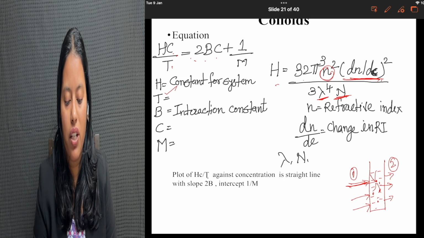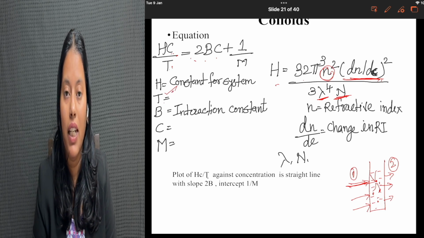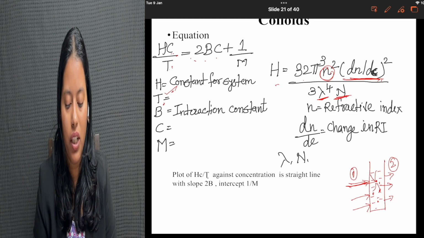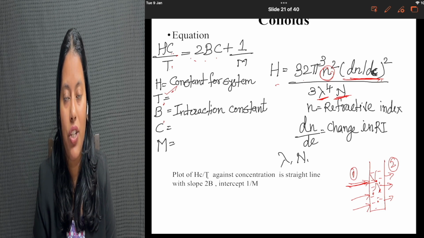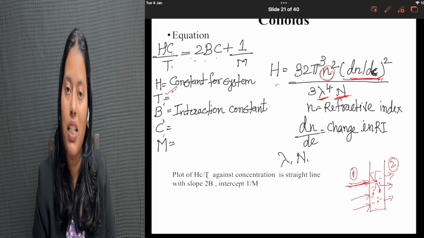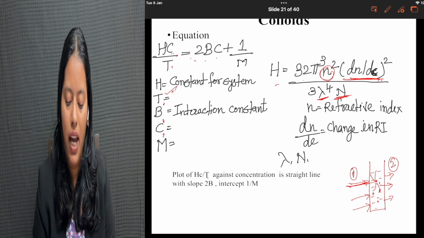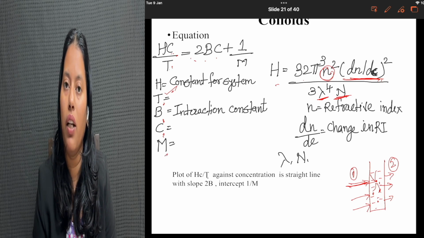So in this equation you have Hc/T = 2Bc + 1/M. H is the constant. T is the turbidity of your solution. B is the interaction constant for your system. C is the concentration in grams of the solution which you have prepared, and M is the molecular weight.